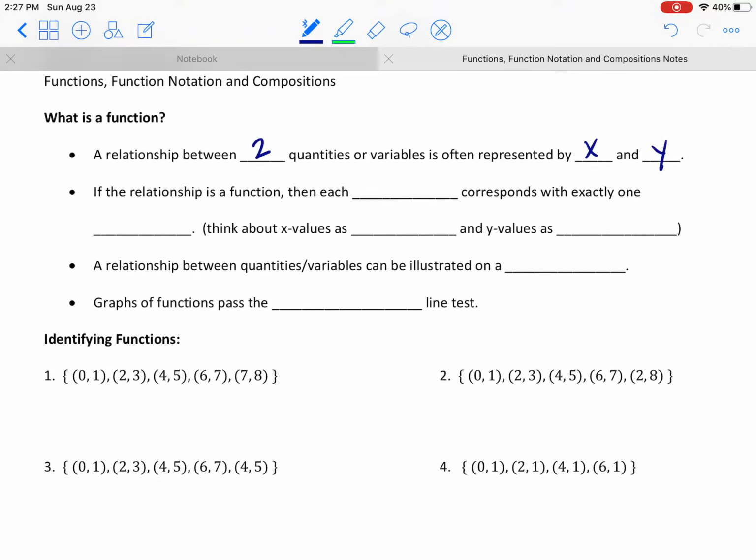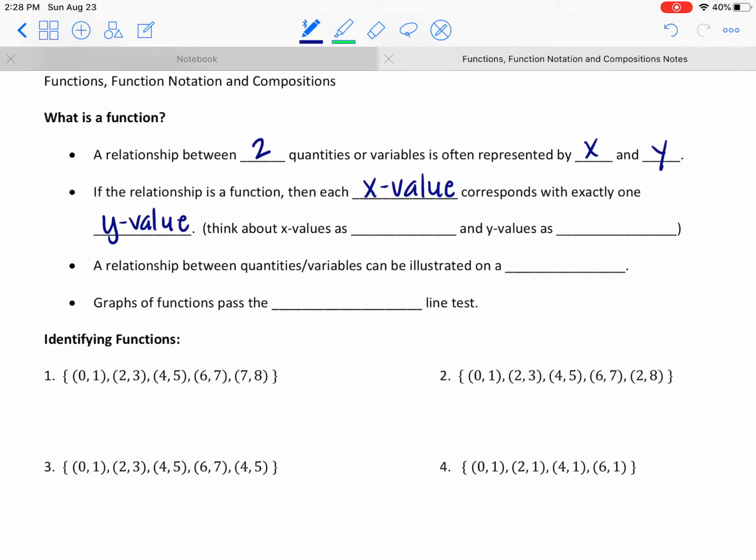But again, it's got to follow some rules. If the relationship between those two variables is a function, then every x value can correspond with exactly one y value.